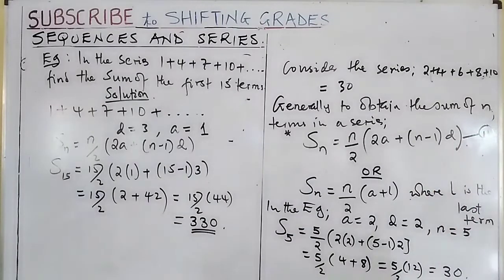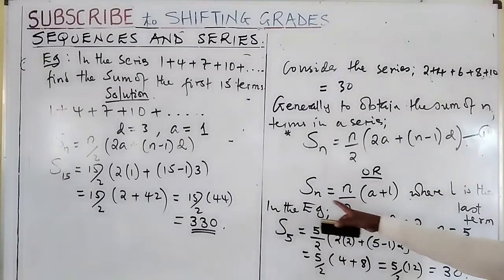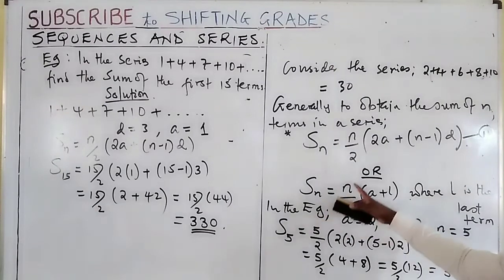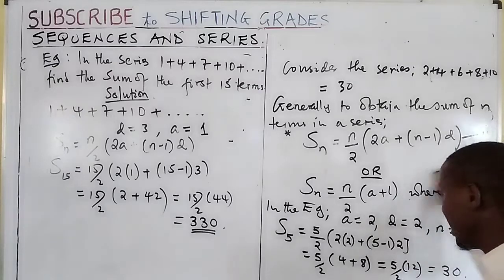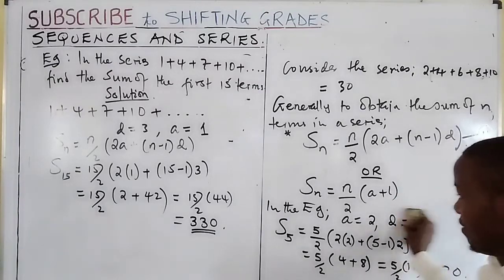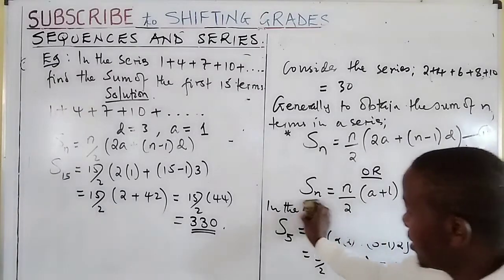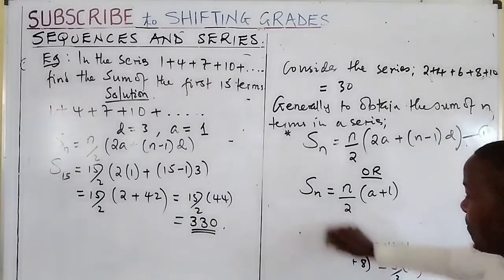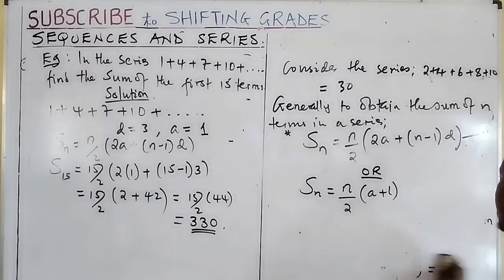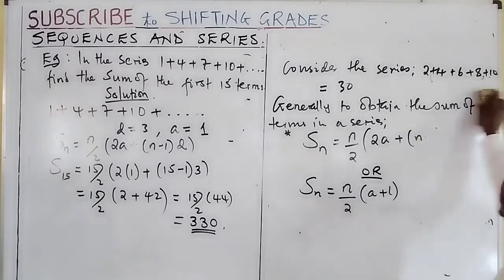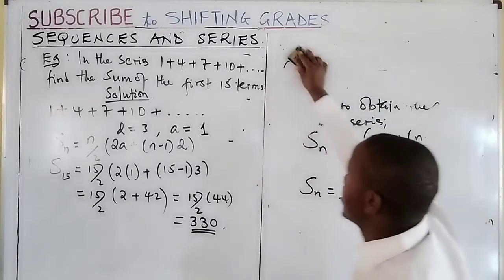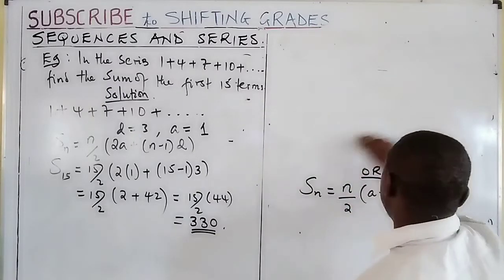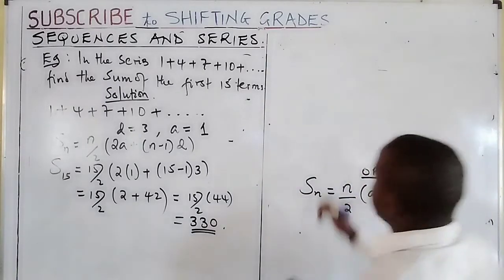We also have this method, which says that the sum of n terms can be obtained by n over 2 into a plus l, where l is the last term. If the first term is 1, we can check the last term, which will be the 15th term. From the previous lesson, we know how to get the nth term in an AP.